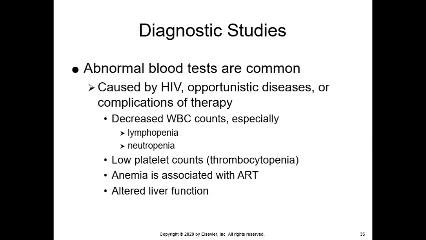So we might end up with decreased white blood cell counts, especially lymphocytes and neutrophils, thrombocytopenia, anemia related to antiretroviral therapy, and also anemia of chronic disease. And then liver impairment from the infection itself. But the person may also have co-infection with hepatitis B or C, which can limit the treatment choices. So we need to test for those early.